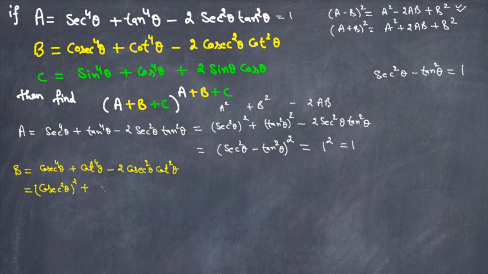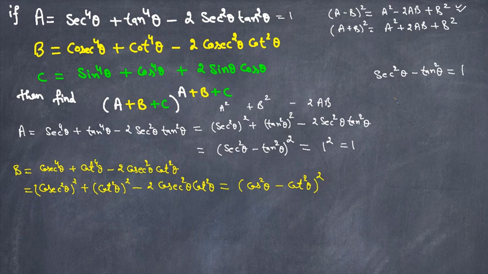So same thing here, cotangent square theta square minus 2 cosecant square theta cotangent square theta. That can be written as cosecant square theta minus cotangent square theta whole square.